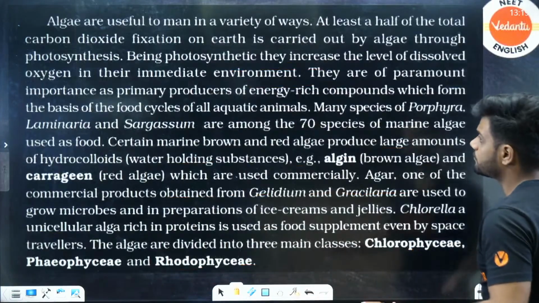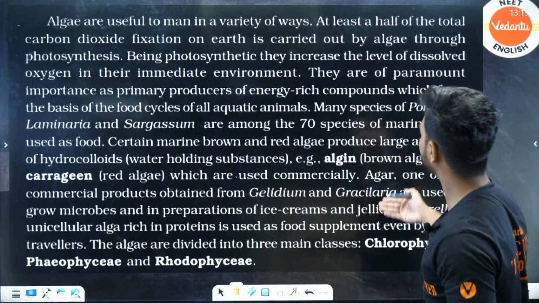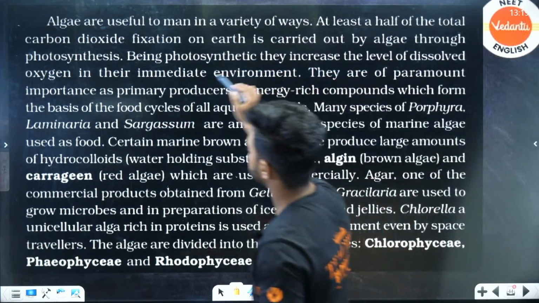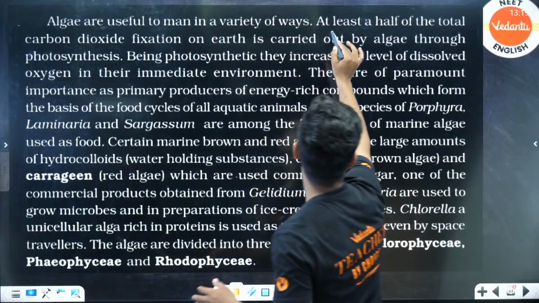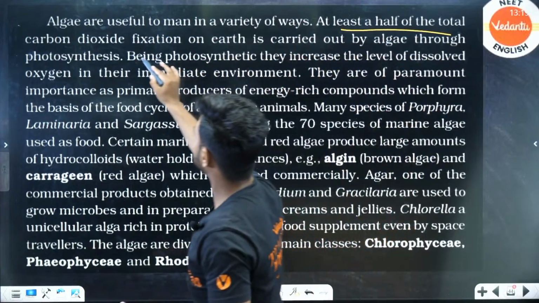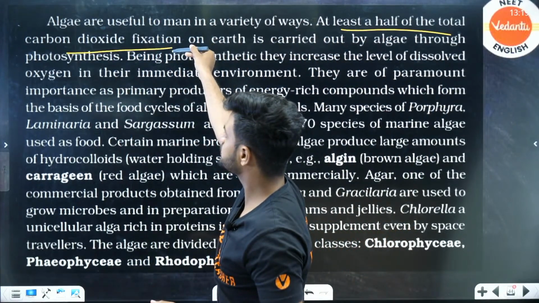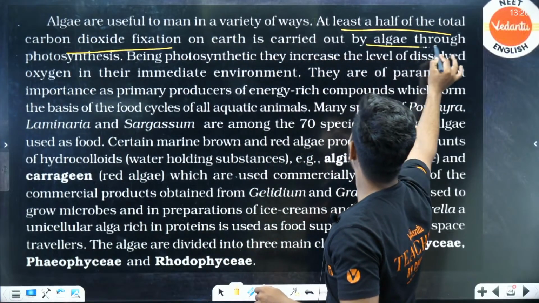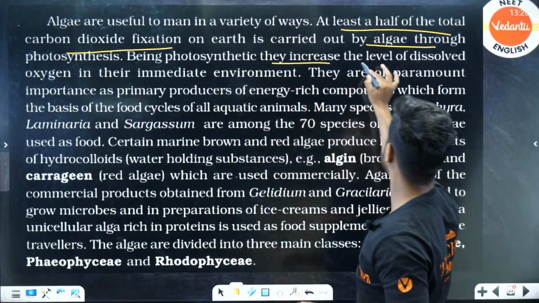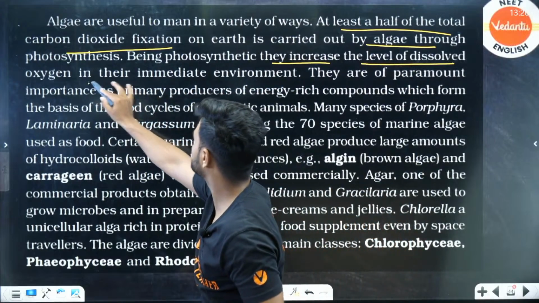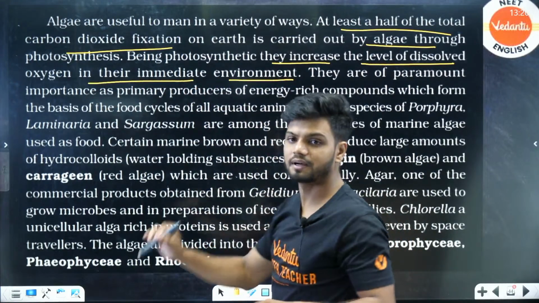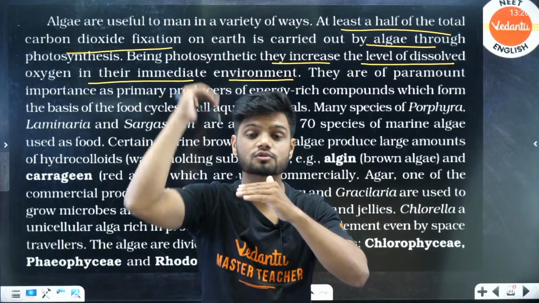Then we learned about economic importance. Half of the total carbon dioxide fixation, CO2 fixation. Algae, being photosynthetic, increase the level of dissolved oxygen in the immediate environment, the level of O2.